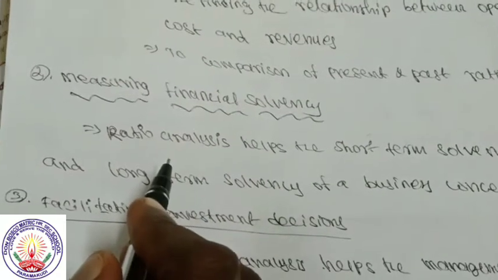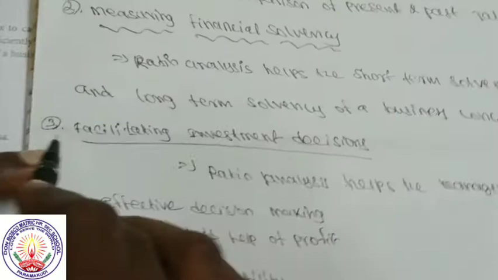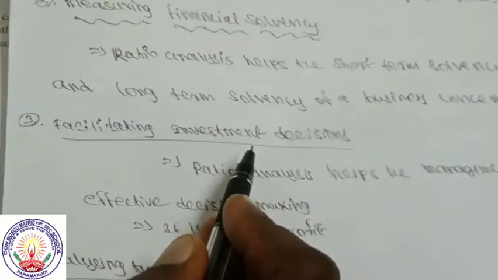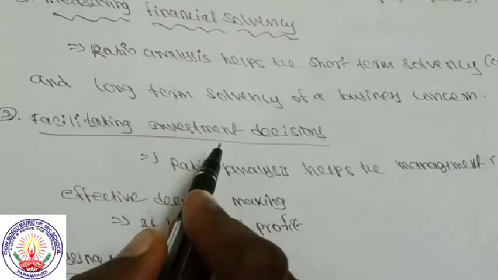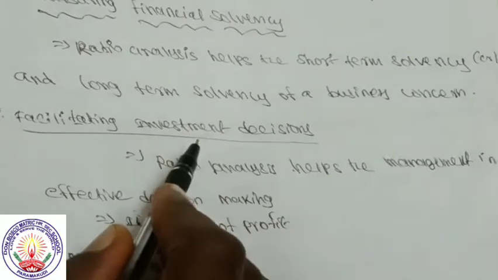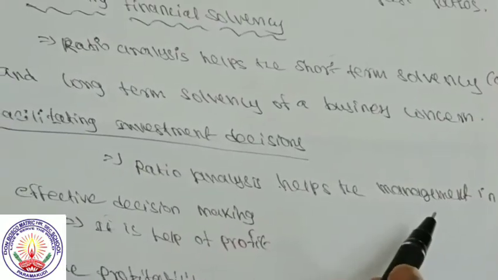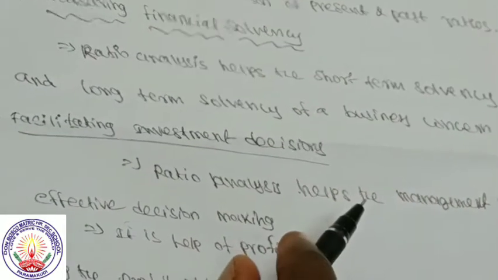Concern means institution. Next, third point, facilitating investment decisions. Ratio analysis helps in making quick decisions for investment and helps management in effective decision making.